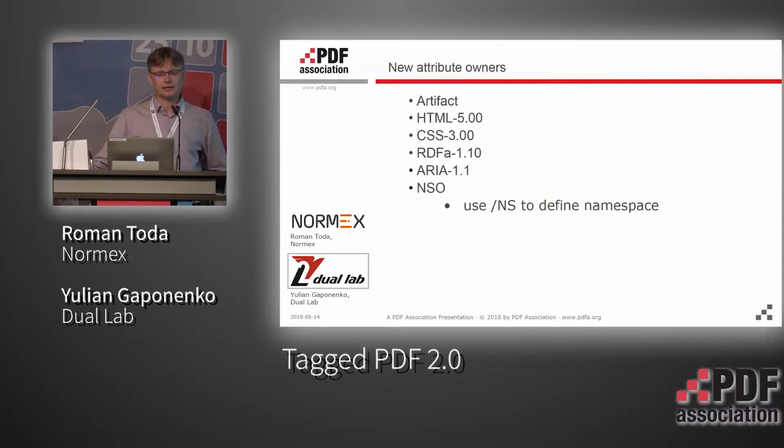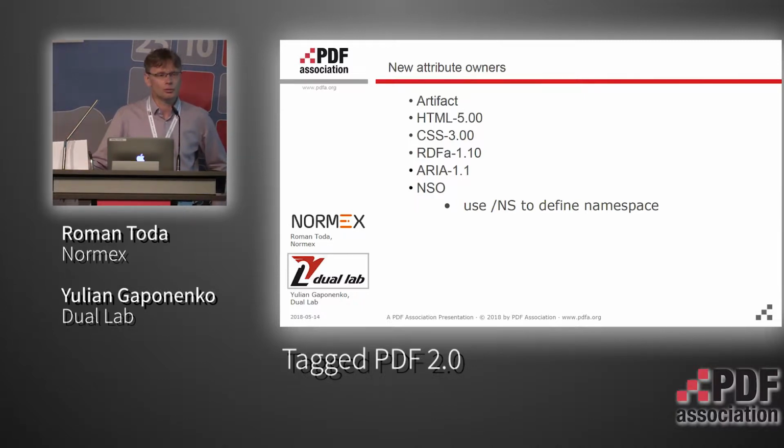We are also adding a lot of new attribute owners or groups of attributes that developers can use to actually enrich the information of a structure. And it's a language around HTML, CSS, ARIA, for example, and also some namespaces.